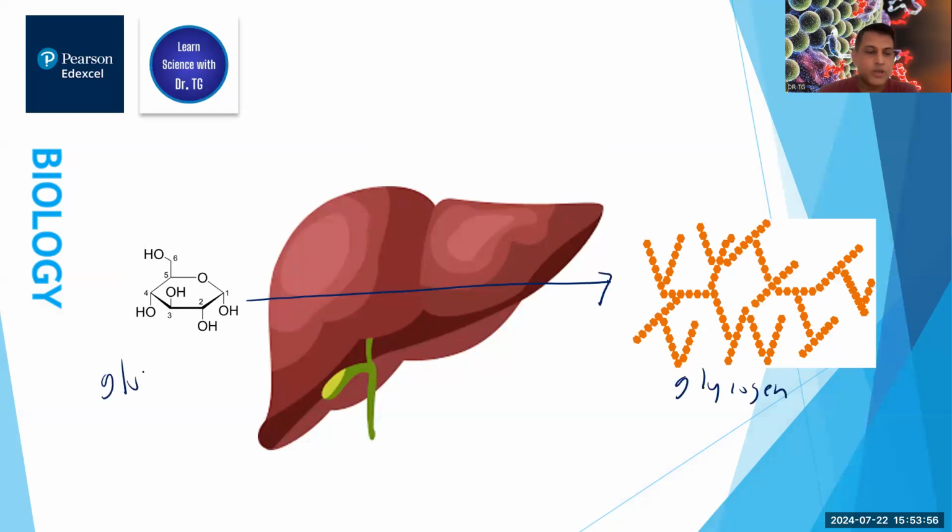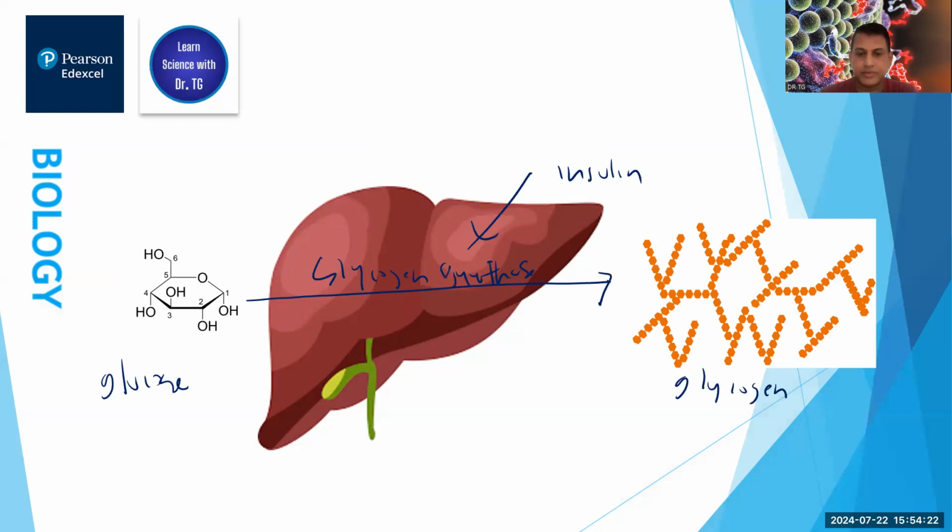So here's a glucose molecule. Enzymatically, it converts glucose into glycogen. So enzymes like glycogen synthase are stimulated by insulin. So insulin takes glucose from the blood into the liver and stores it as glycogen.